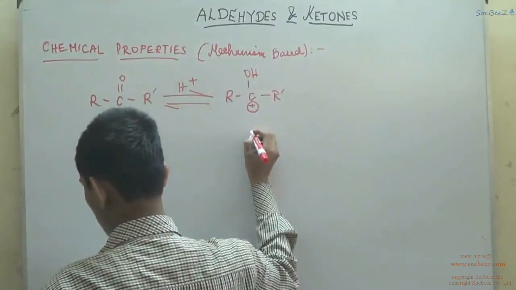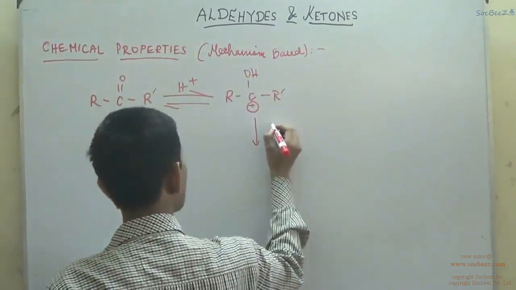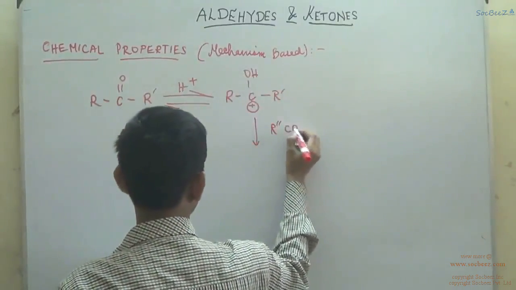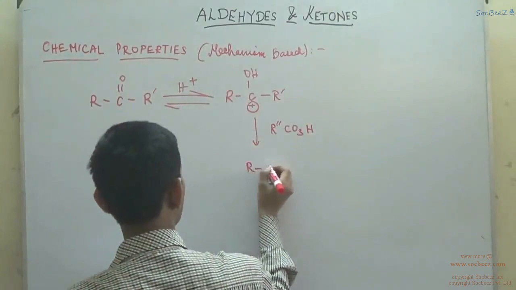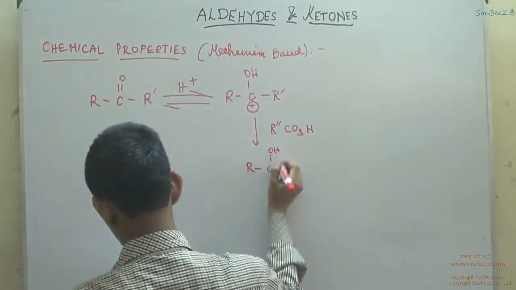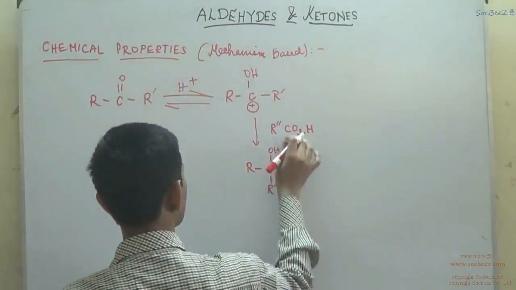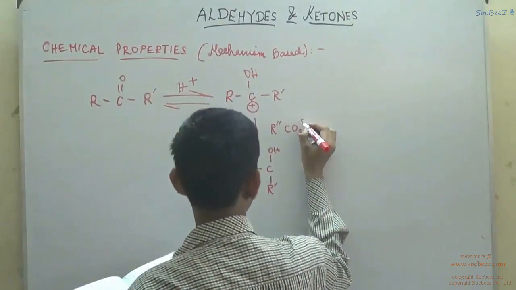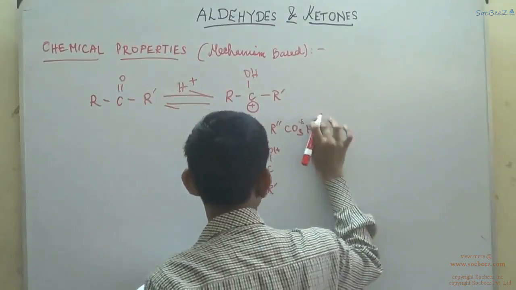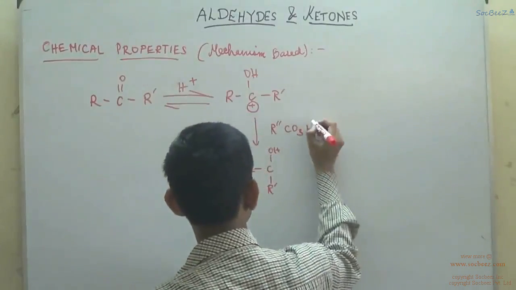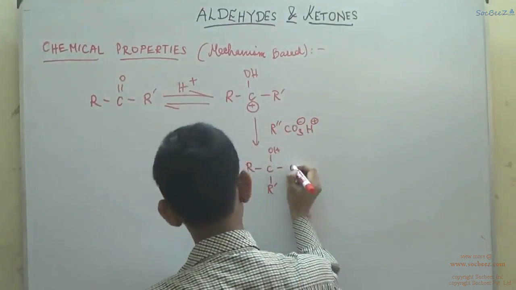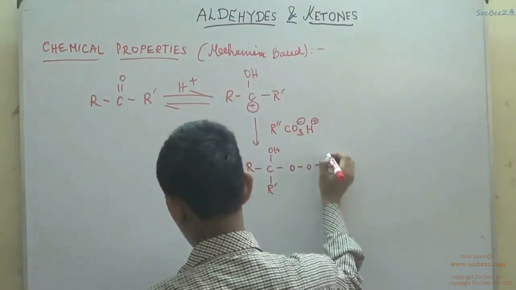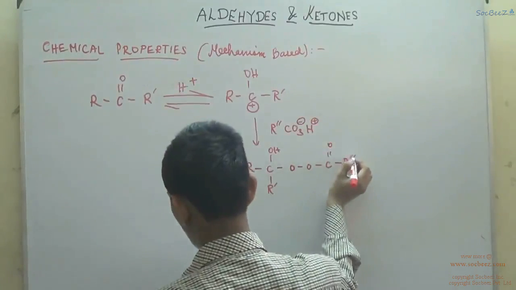This is the peracid, and this adds R dash, so these are actually positive charges, and you get O, C double bond O, R double prime.